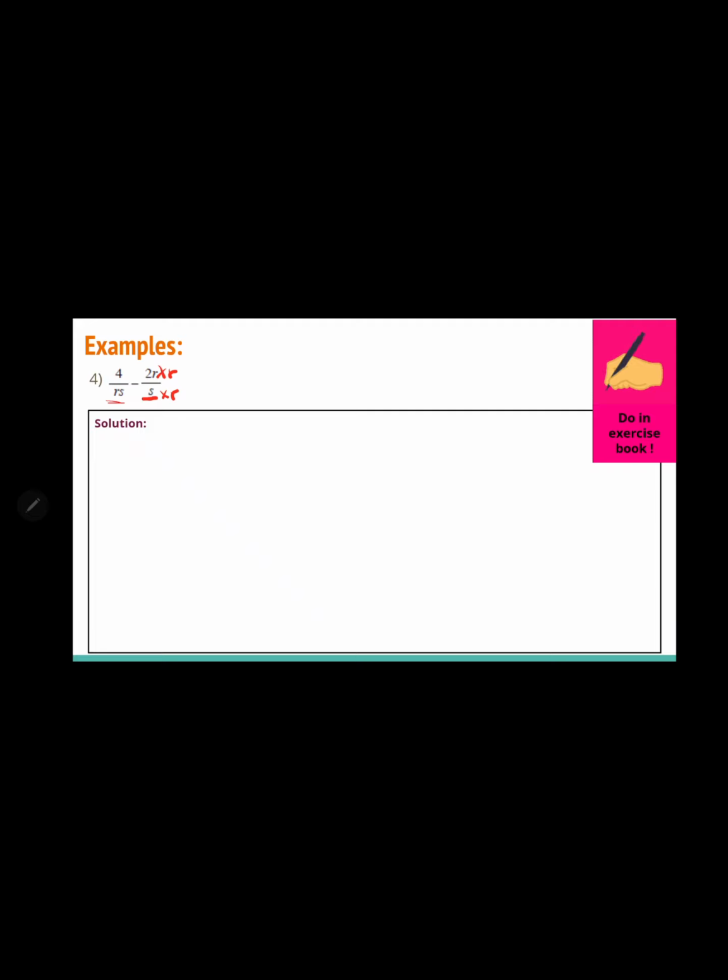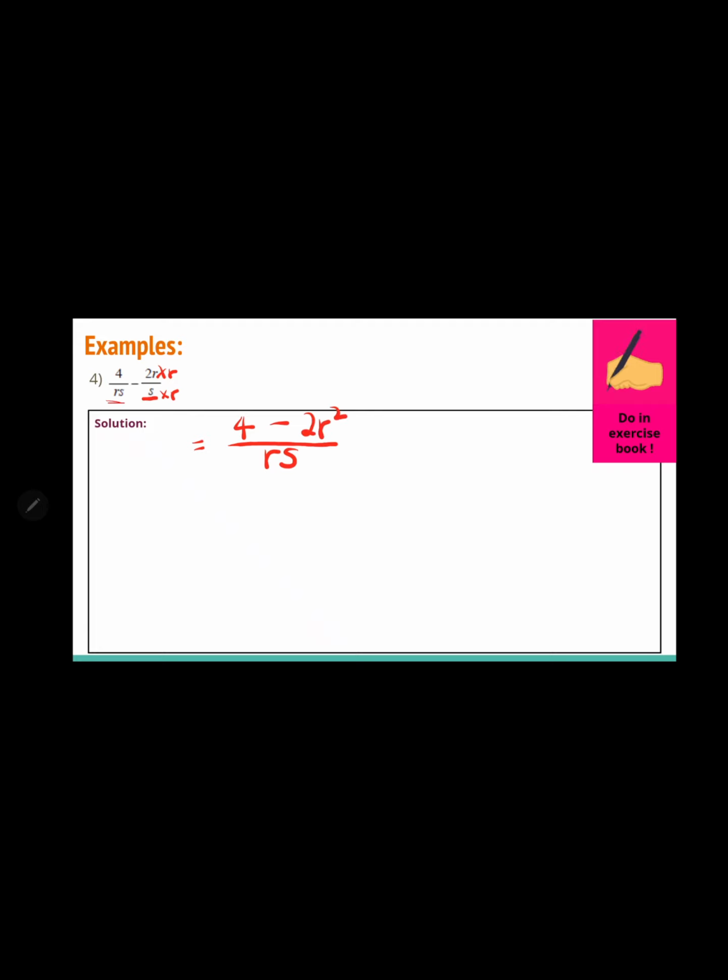Okay, so we copy the question. So I just straight do RS. Common, so 4. That's why we need to do a lot of exercise. From the exercise, you will know how to find the common denominator faster.